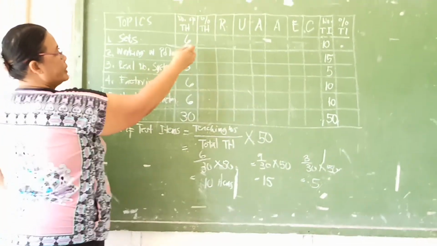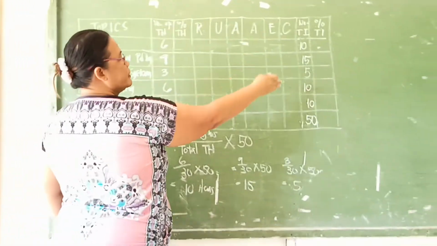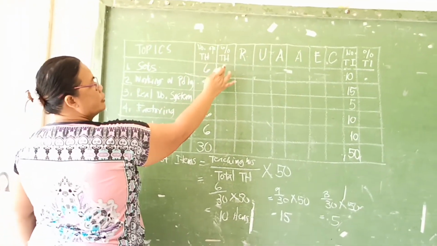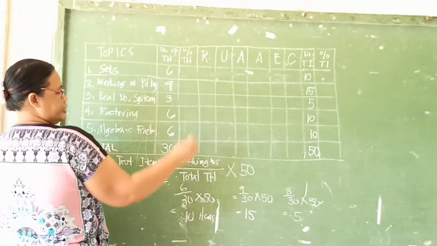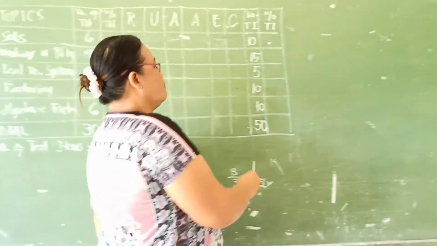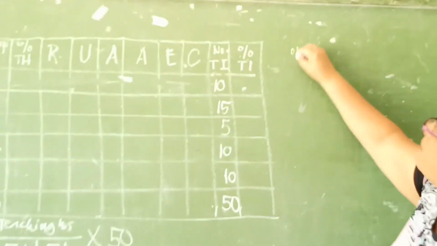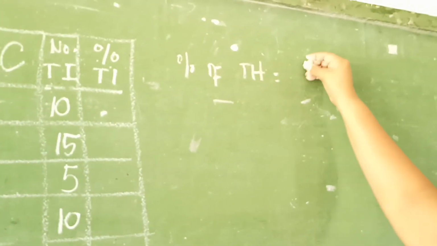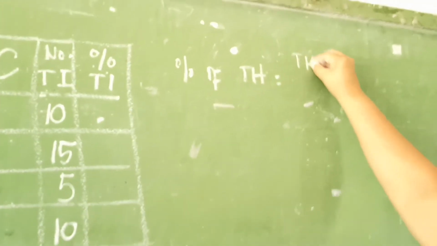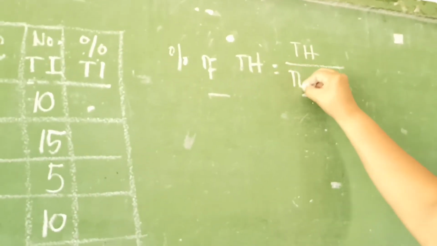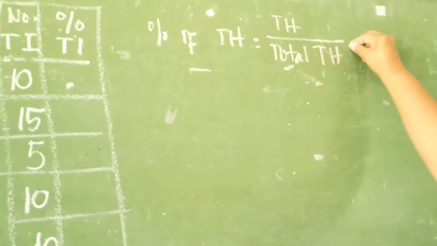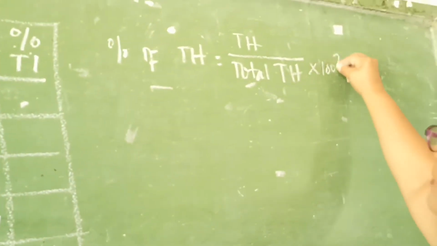And then, after getting your number of test items, you try to solve now the percentage of your teaching hours. So in solving for the percentage of teaching hours, you simply divide the teaching hours by the total teaching hours times 100%.